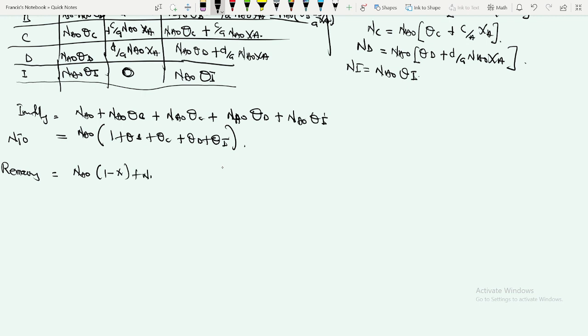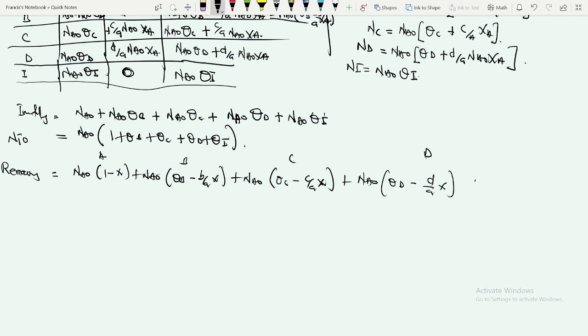Plus Na naught theta B minus b over a X, so this is for B. Then for C, theta C minus c over a X. I'm using X, not XA, because I've already said that anytime you have a reaction, the conversion is actually based on the limiting reactant's conversion. So whether XA or X is still the same. And then for D, you're going to get Na naught theta D minus d over a X. And for the inert, it will still be the same, Na naught theta I.